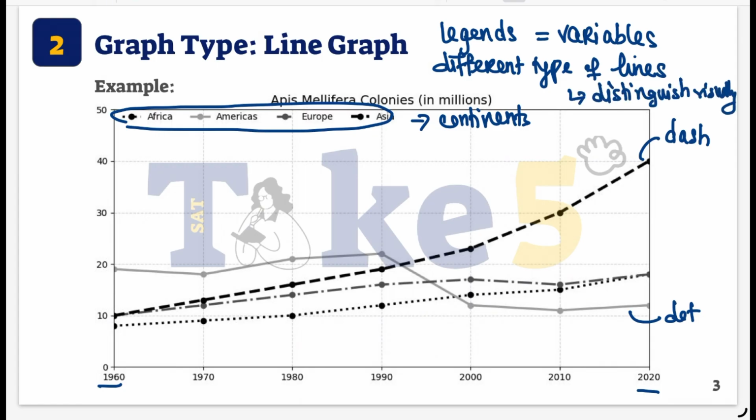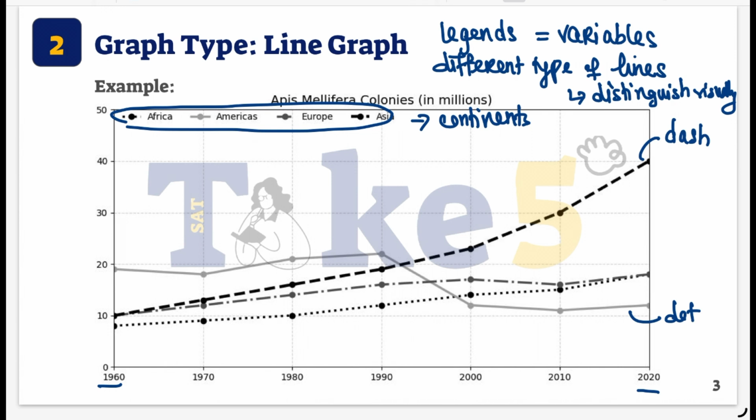Line graph is not the only graph you will see in the SAT. In fact, you will see many other different types, and line graph is just one of the more popular and easy to interpret types. Don't concern yourself too much with having the savvy to quickly grasp all types of graphs, because it's not necessary.